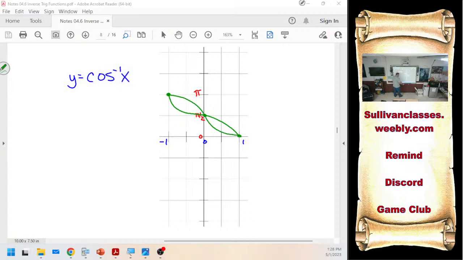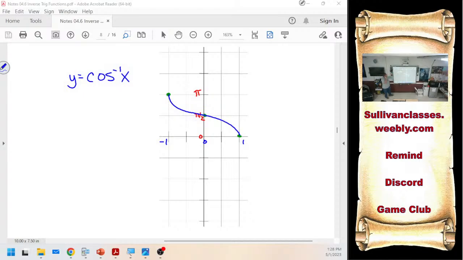Which one was it? The second one. Okay? Think of it as that serpentine curve like this. It's still going to curve this way.